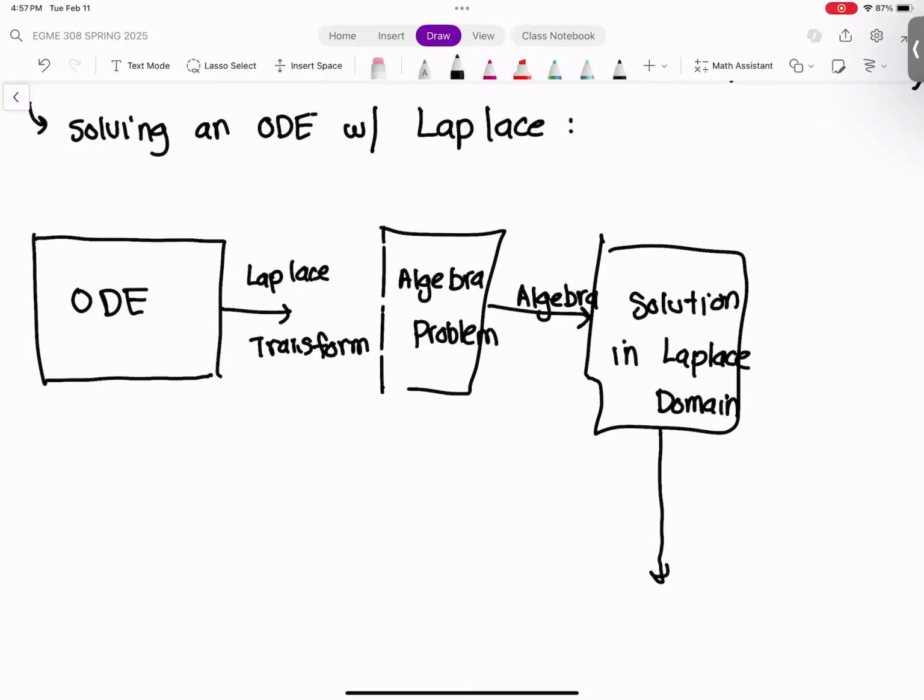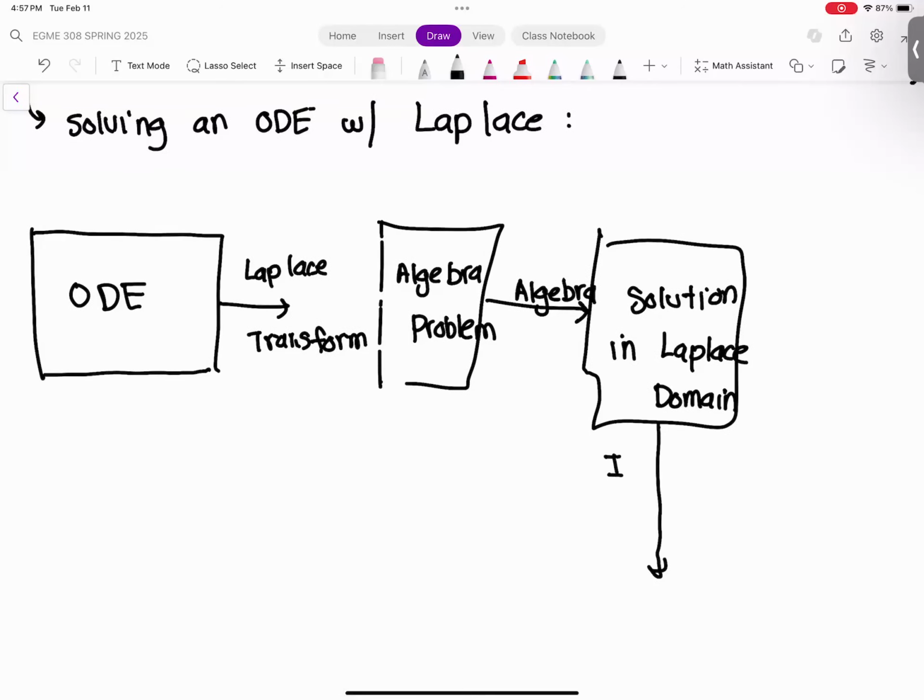Usually we want to get our solution in terms of space or time, just so that we can interpret it a bit easier. So once you have your solution in the Laplace domain, you have to perform the inverse Laplace transform. Right. So there is an inverse, so there's a way to kind of take it back.